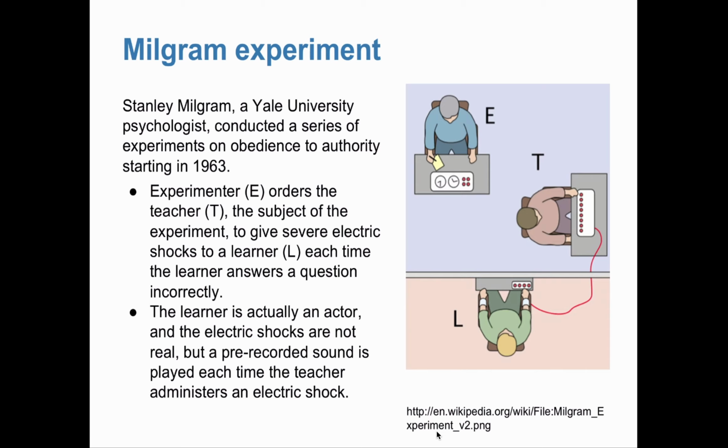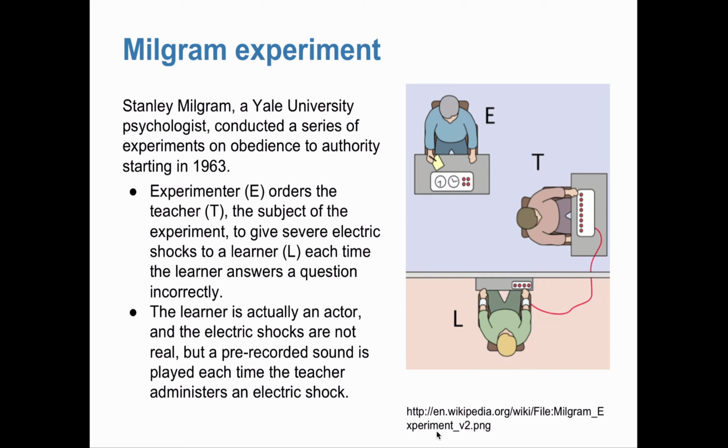So, for example here, we're going to talk about the Milgram experiment. If you took AP Psych, you probably remember this, because it's kind of messed up. Stanley Milgram was a Yale University psychologist, and he conducted a series of experiments on obedience to authority starting in 1963.